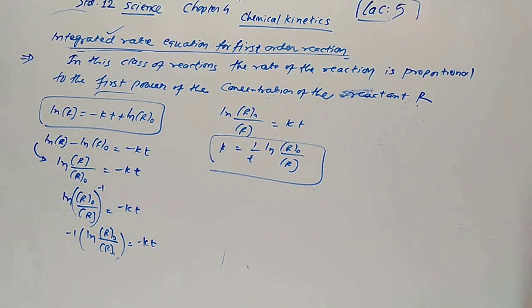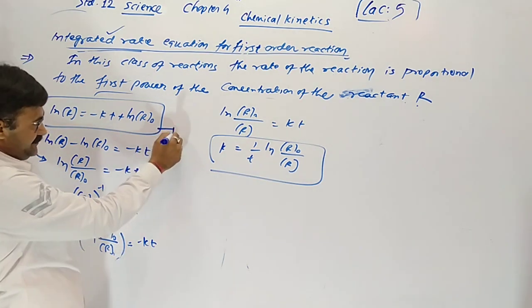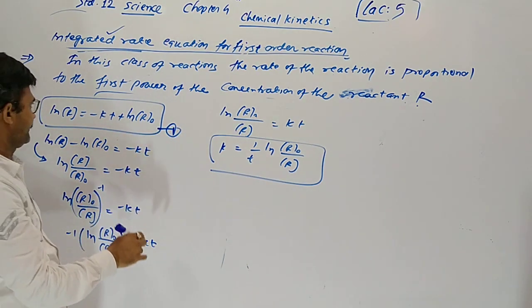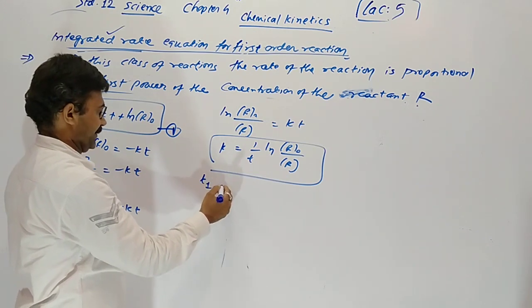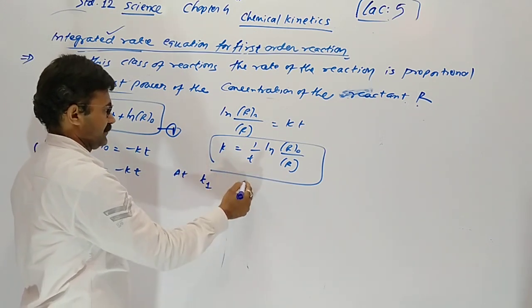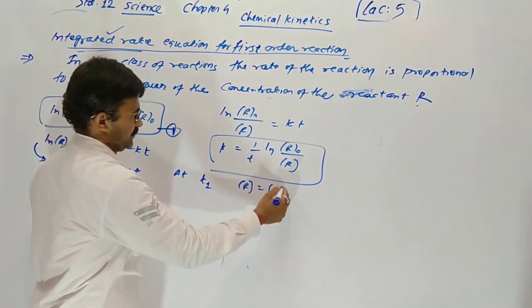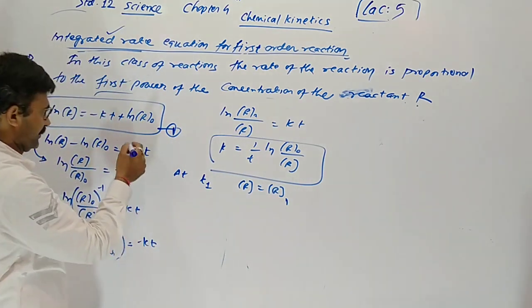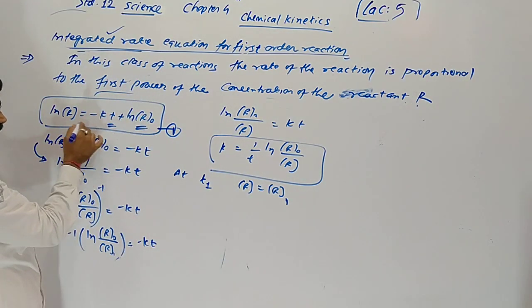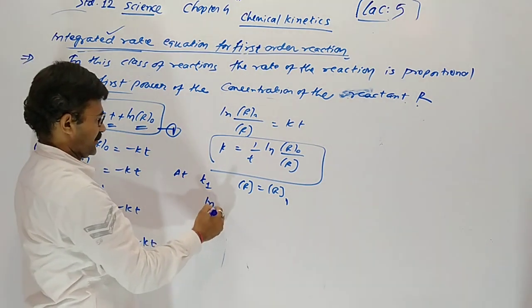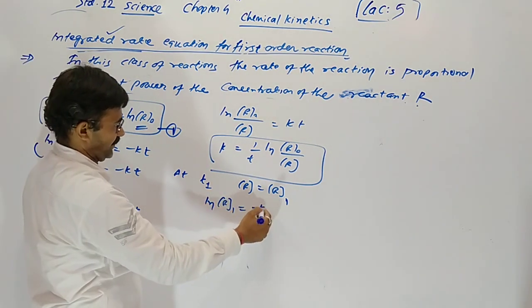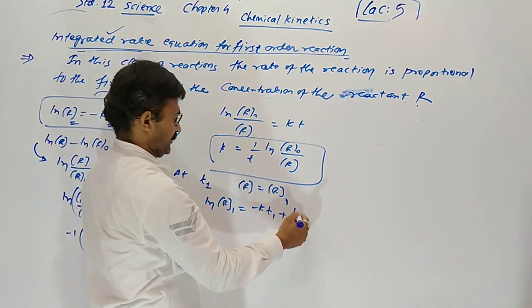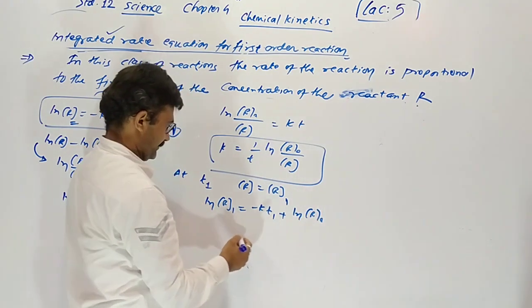Now, once again, from this equation we are simplifying. At T1 time, concentration is, suppose, R is equal to R1. This one is constant. At T1, so ln R1 equals minus kT1 plus ln R0.